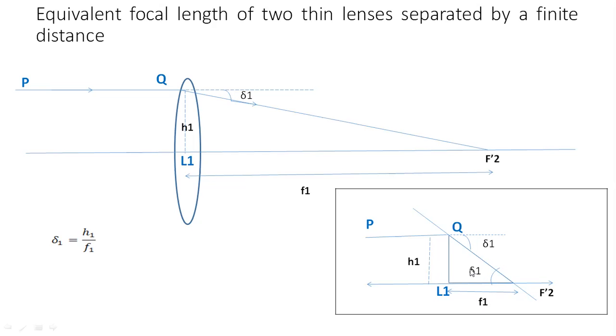So tan delta 1 is equal to h1 by f1. If delta is very small, we can write delta is equal to h1 by f1. That's why I write delta 1 is equal to h1 by f1.